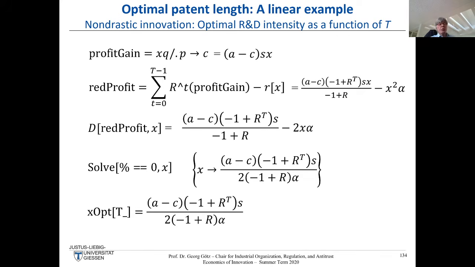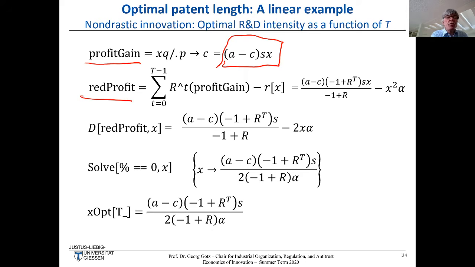I just produced here some mathematical output because it's a lot of calculation. In the tutorial class, in assignments, you will get some specific examples, some given parameter values, so that it's straightforward to calculate. But you already know here the profit gain, this is a per period gain of the innovator from the innovation, is just our rectangle. This is just our green rectangle, exactly as it was in the Arrow model.